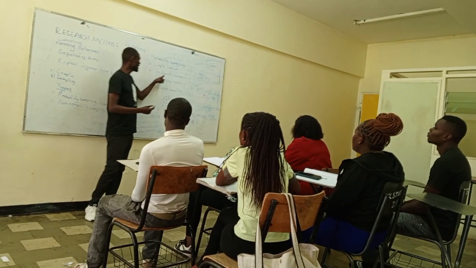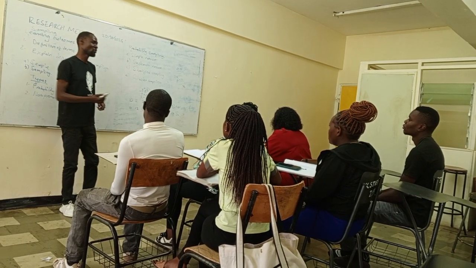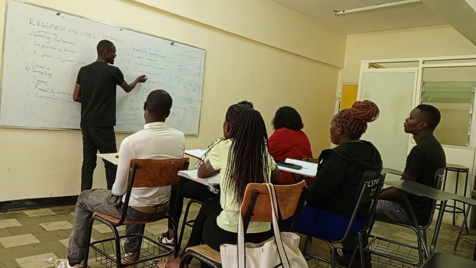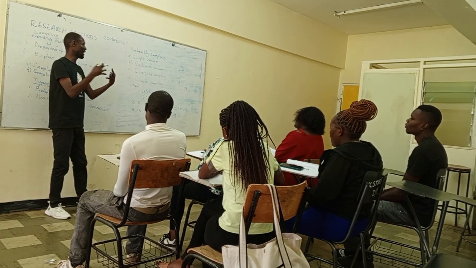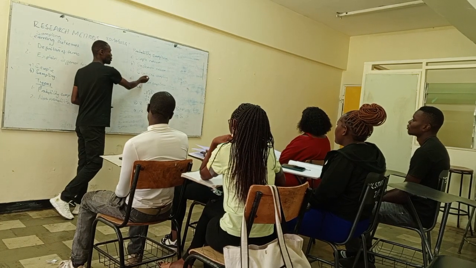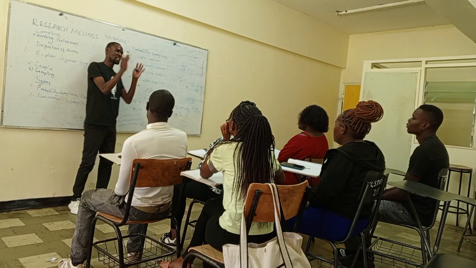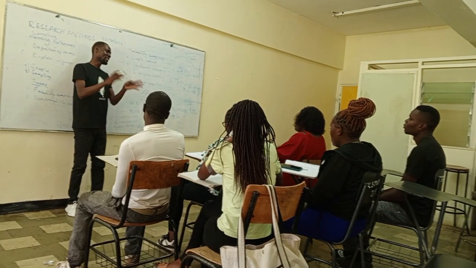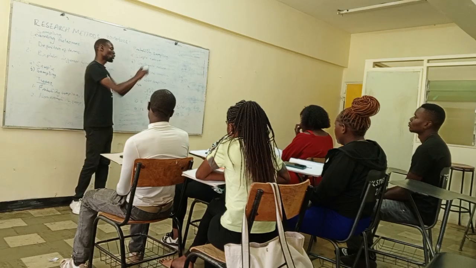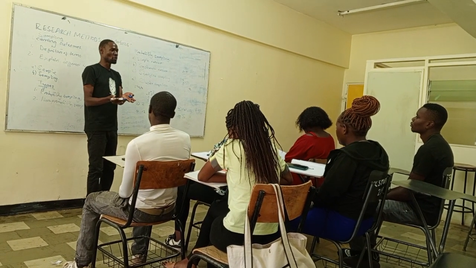So that is systematic. Now when we are talking about stratified, from the word strata, a stratum is a group of people having similar characteristics. So you cluster people into their own groups. Assuming, like here where we are, there are ladies and there are men. You group the ladies in one group and the men in one group.